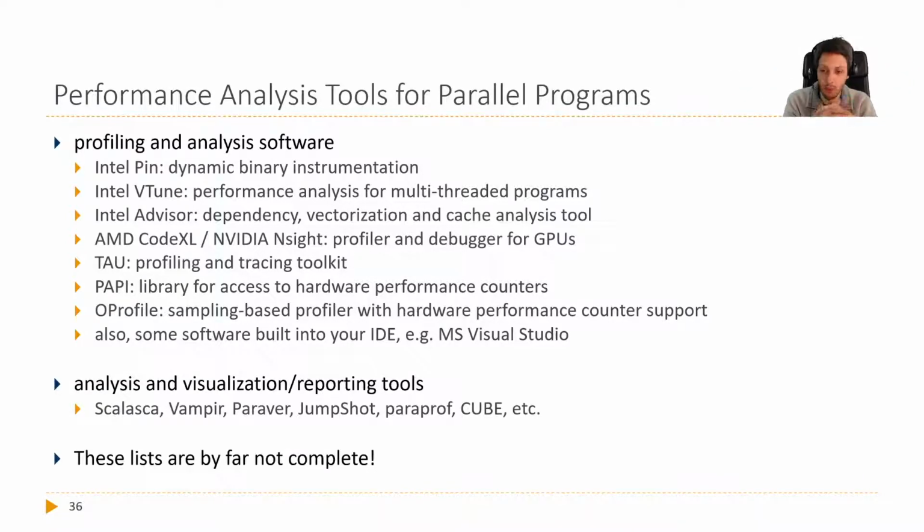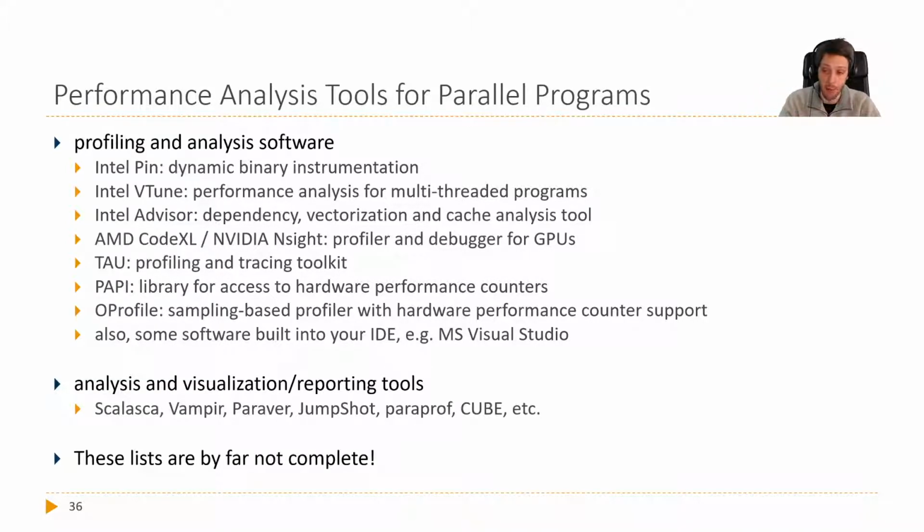Then there's Intel vTune, which is a full suite of performance analysis tools for multi-threaded programs. There's the Intel Advisor, which is an automatic dependency and vectorization checking tool, which can be quite useful. For GPUs, obviously, we have NVIDIA Nsight and AMD CodeXL for profiling and debugging on their respective GPU models. There's Tau, for which I will present 1 or 2 additional slides, which is a profiling and tracing toolkit specifically aimed at MPI and also multi-threaded programs.